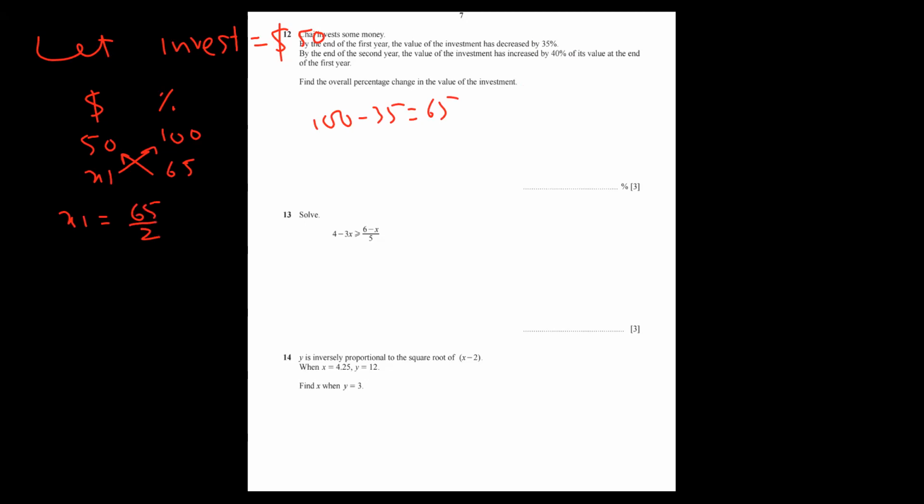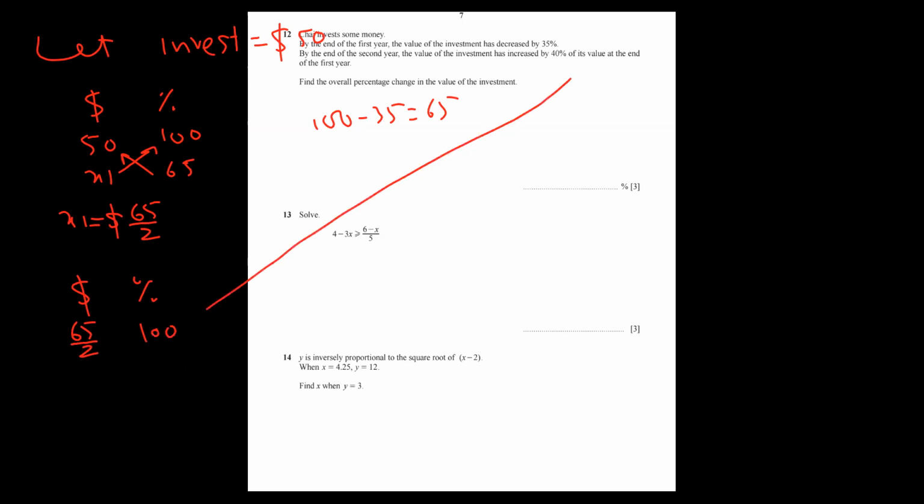So this is the value of the investment left after 1 year. Now this value I will consider as 100%. So I'm writing it here again, dollar sign, again percentage, and I'm writing this value here, and I'll take it as 100%.